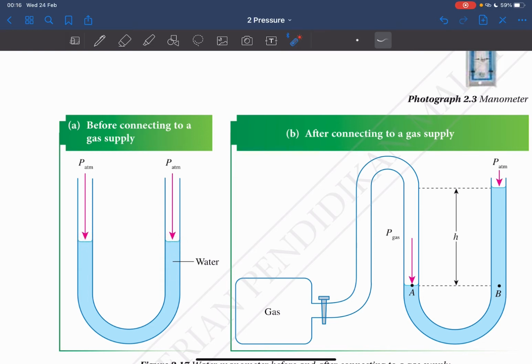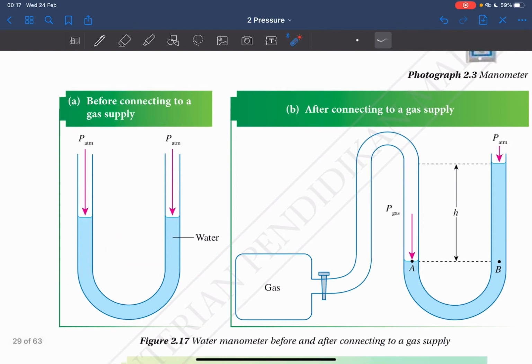That means at this level the pressure here equals the pressure here, and it equals the atmospheric pressure. And if we make another line here, the pressure here equals the pressure here. That means it is actually ATM plus H.